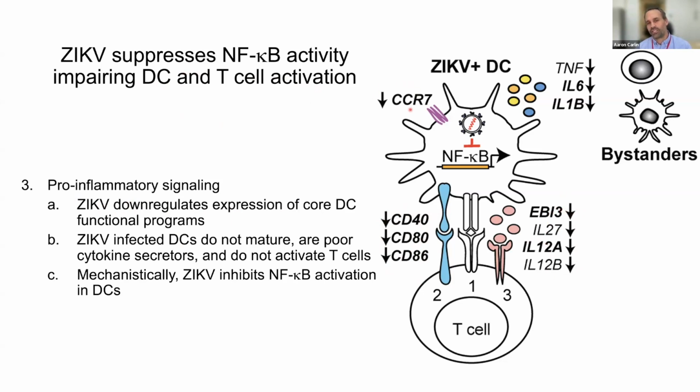It downregulates CCR7, which is a critical receptor important for DC migration. And it also downregulates cytokines that are really important for stimulation of bystander cells like IL-6, TNF, and IL-1 beta. Zika virus infected DCs do not mature, are poor cytokine secretors, and do not activate T cells. We just talked about that. And mechanistically, Zika virus inhibits NF-kappa B activation in DCs.